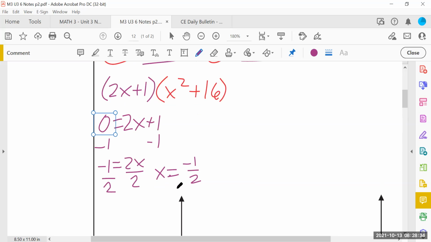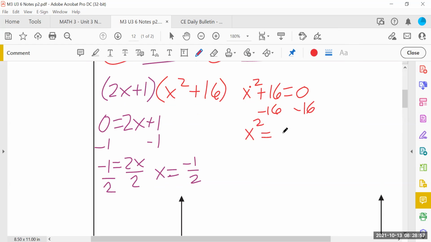X squared plus 16. Let's take that one. X squared plus 16 equals 0. How do I solve this one? Subtract the 16.